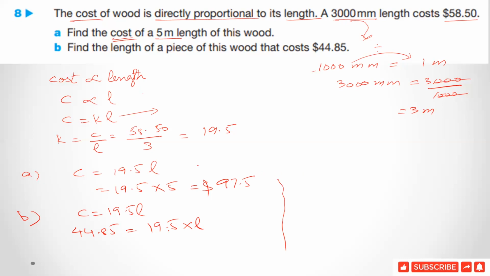It will go to the other side, it will divide. So 44.85 divided by 19.5. This will be the length. Quickly just calculate it. Hope you can do it earlier than me. 44.85 divided by 19.5. That answer is 2.3. 2.3 meters. Okay. That's it.